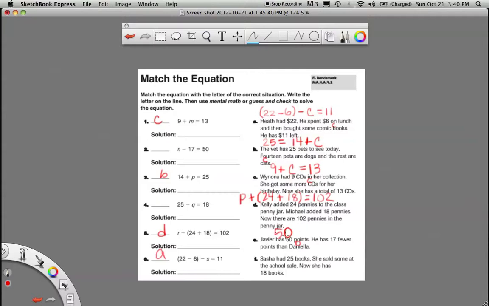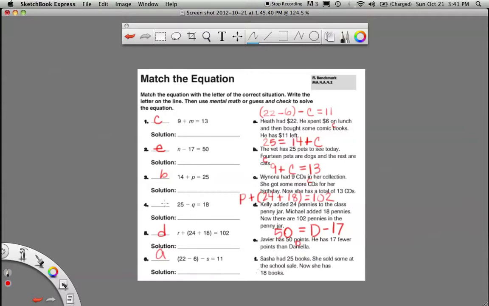So we know there's 50 altogether, and he has 17 fewer than what she has. So what she has minus 17 is fewer. So I need to look for a problem that says 50 equals D minus 17, or I know I can switch that around to D minus 17 equals 50. I see that right here. They just use the N instead of a D. So E is N minus 17 equals 50.